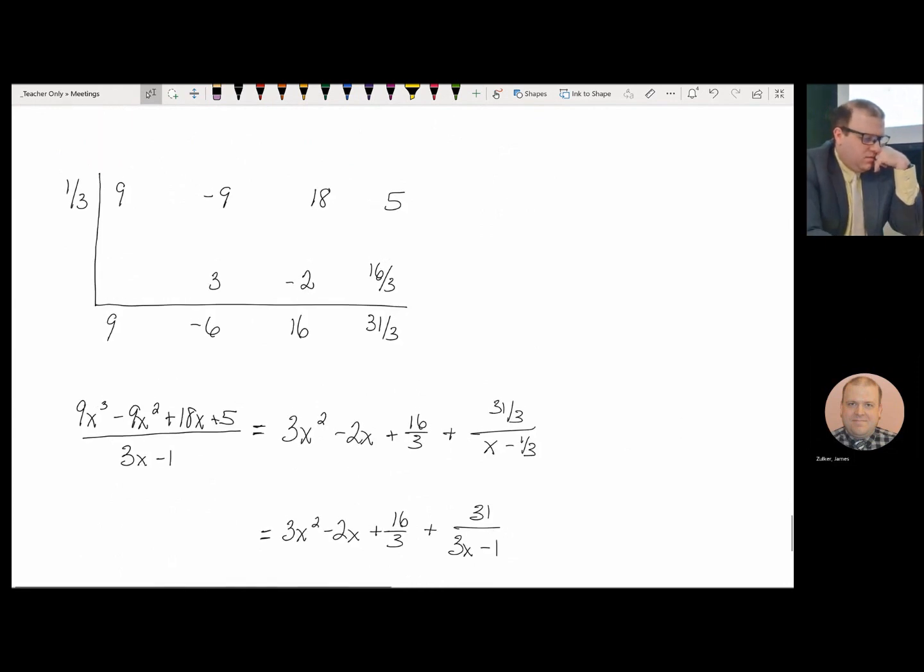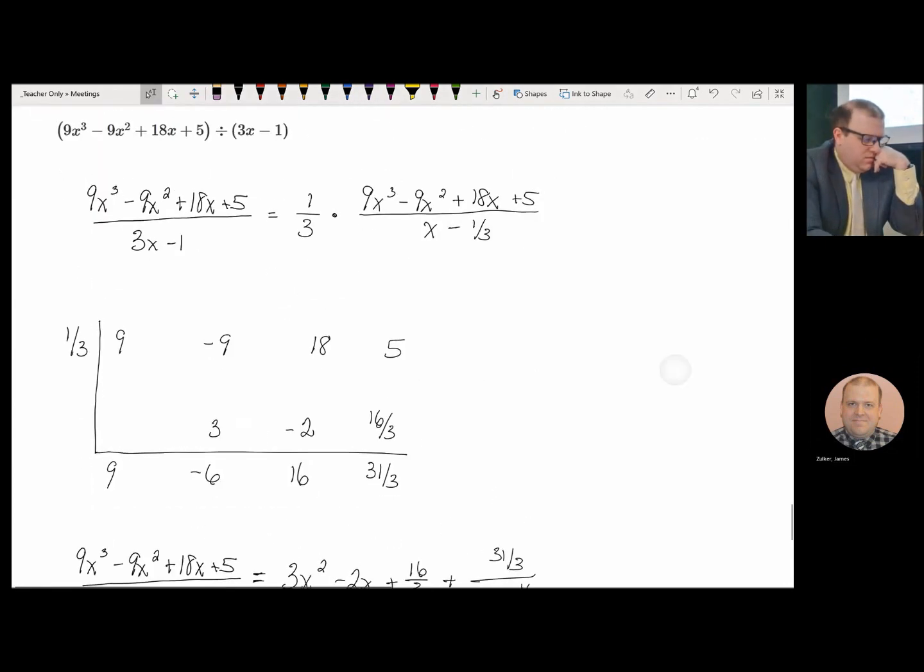You divide the 9, the -6, and the 16 by 3. But you're not dividing 31 thirds by 3. No, just putting it over the divisor. Right. But remember, the divisor in this case is x minus a third. So really, what we're doing is bringing the 3 out, multiplying the remainder by 3, essentially. Yeah. Which makes me question.